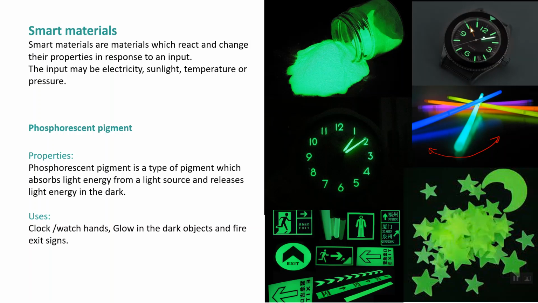So on the roads, in planes, you can have these stickers on the floor, okay. So these are phosphorescent pigments.